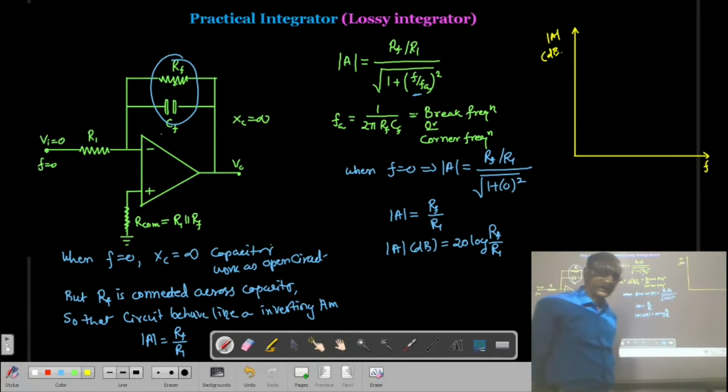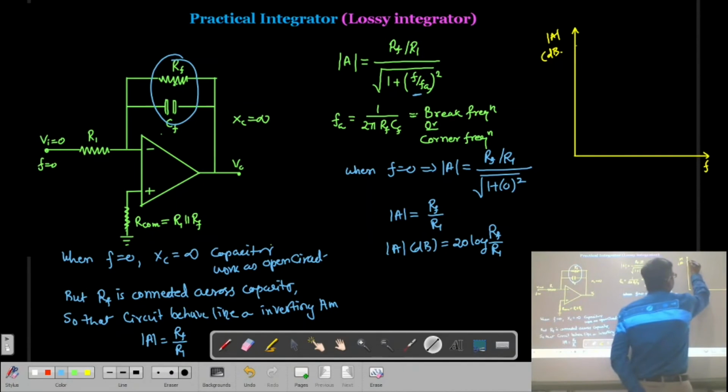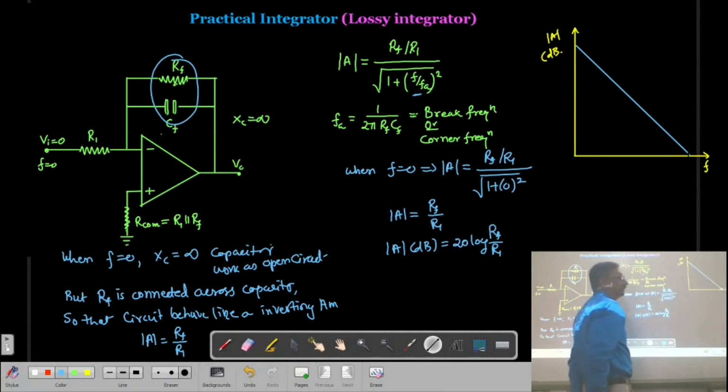And if you remember that for a basic integrator, the graph was like this. Correct?